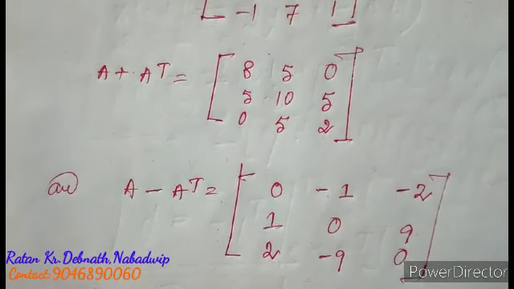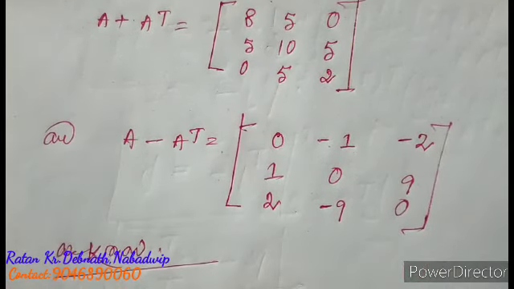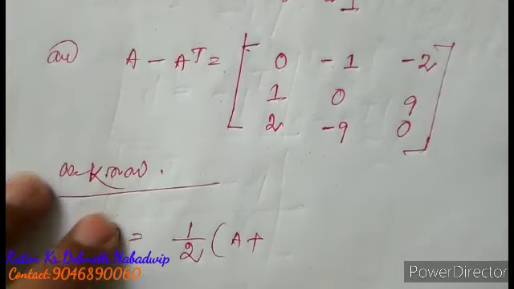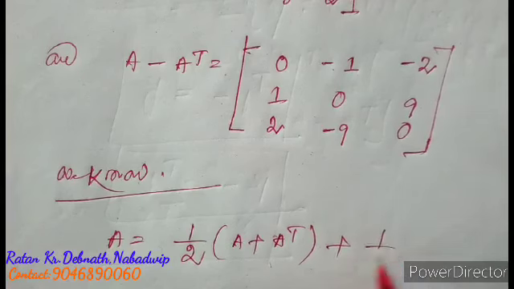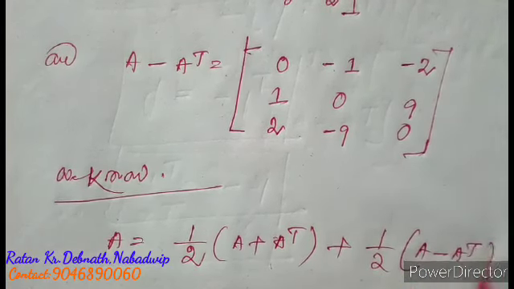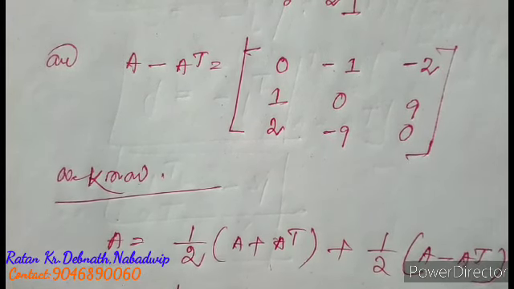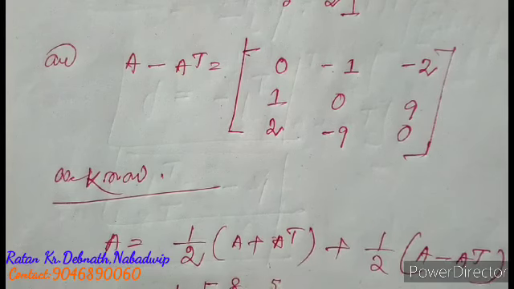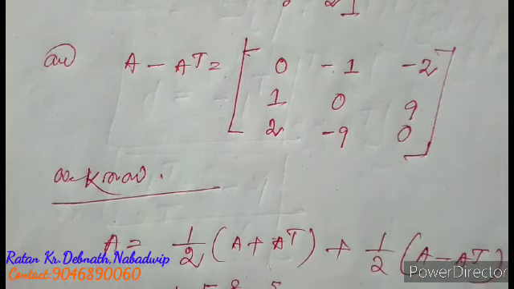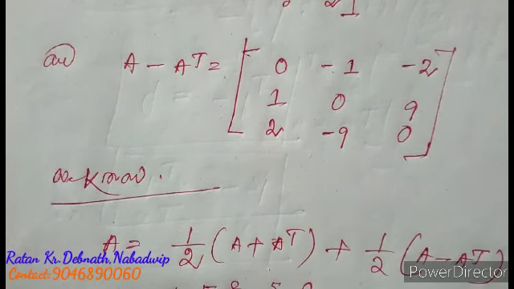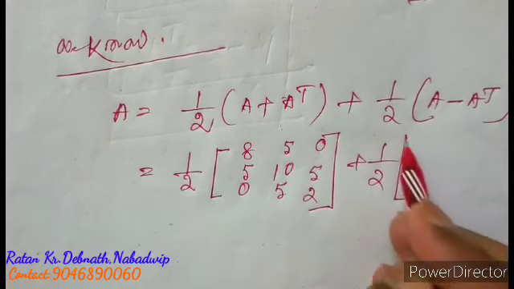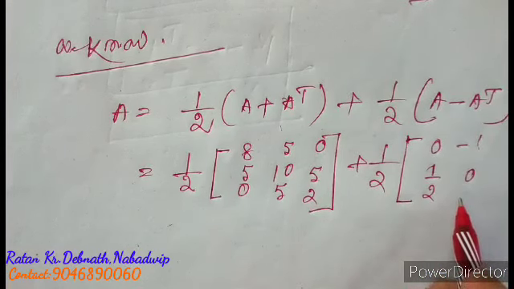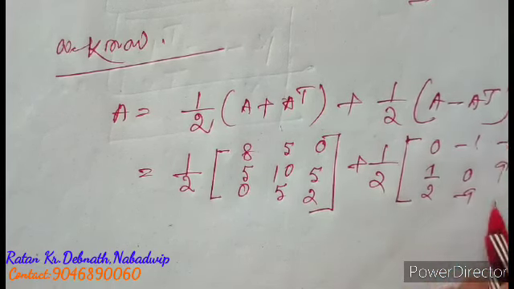We know A equals half of (A plus A transpose) plus half of (A minus A transpose), that is half of 8, 5, 0; 5, 10, 5; 0, 5, 2, and half of 0, 1, 2; minus 1, 0, minus 9; minus 2, 9, 0.